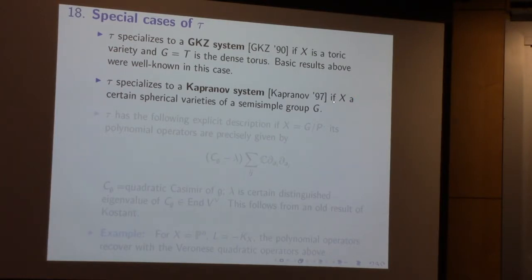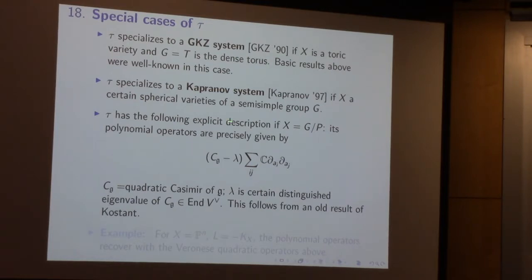If you specialize X to a certain spherical variety, typo here, should be singular spherical variety, of a semi-simple group, then this reduces to what we call a Lian-Yau system. Kapranov studied these things in '97 as a natural generalization of GKZ.